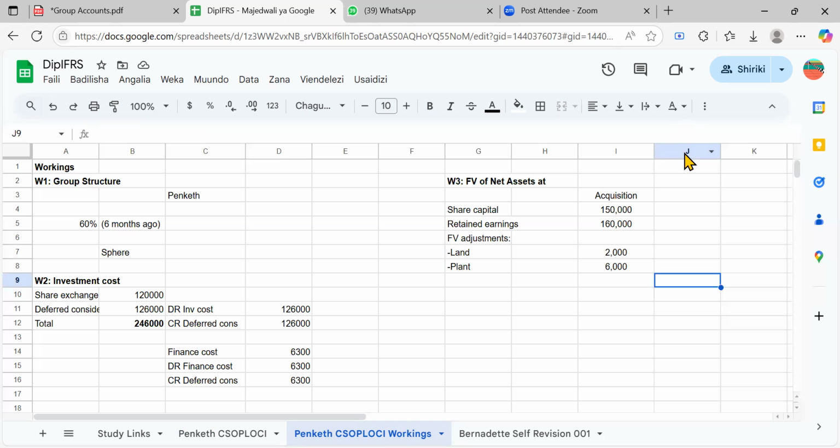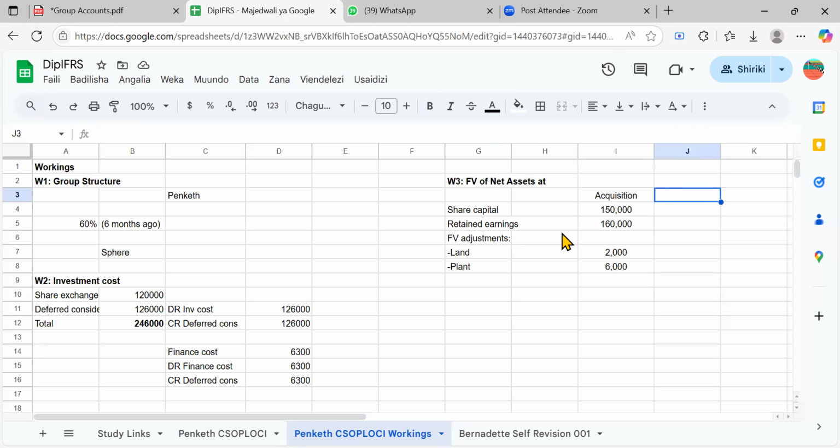That's why I deleted that other column. But we did it in the profit or loss; we showed it because we need it. And this net assets is equity. We don't need the equity at the reporting.